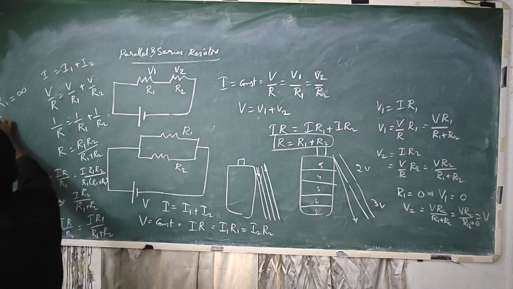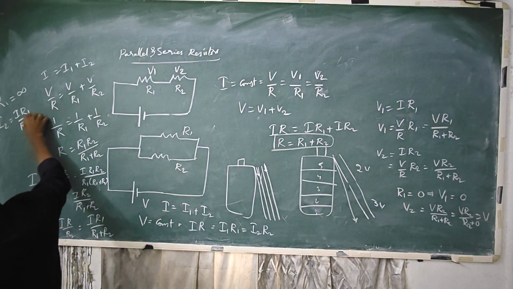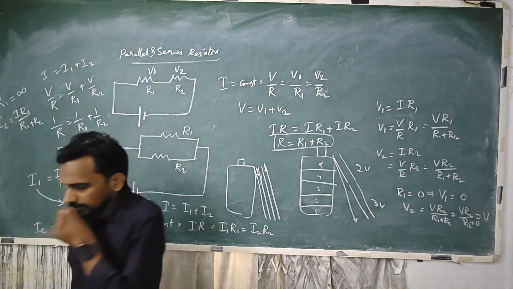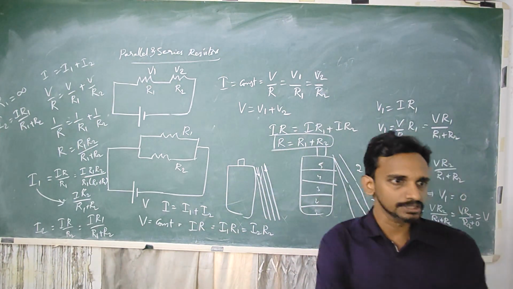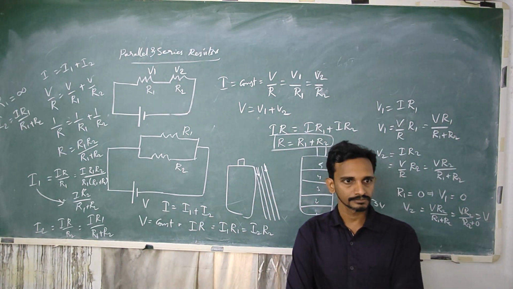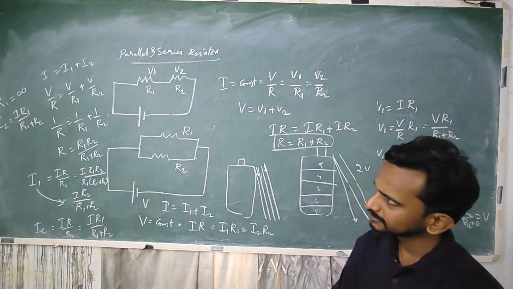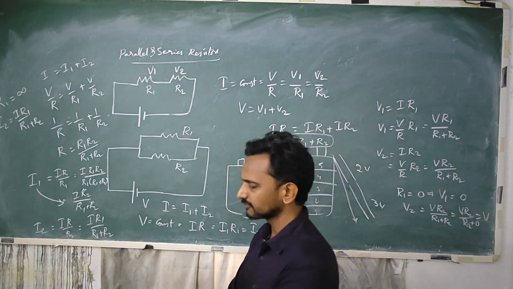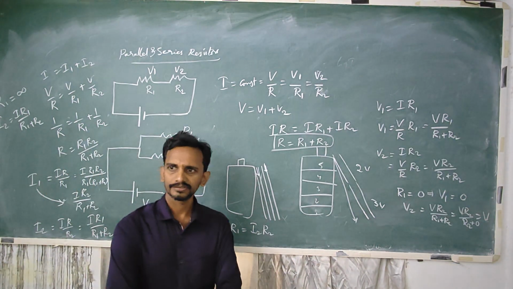I2 is equal to I R1 by R1 plus R2. What is that value when R1 is infinity? You get infinity by infinity.